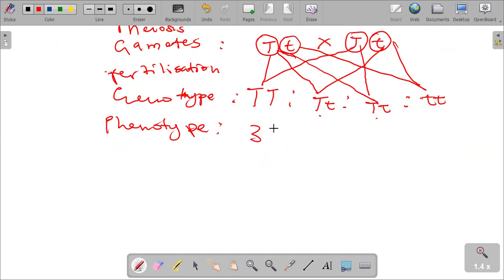So we have three tall as to one short. As you can see, this is short. We said that heterozygous T is equal to homozygous T, which is why it is 3 tall, because we have tall here, one tall, second tall, third tall, and then we have 3 tall as to one short.